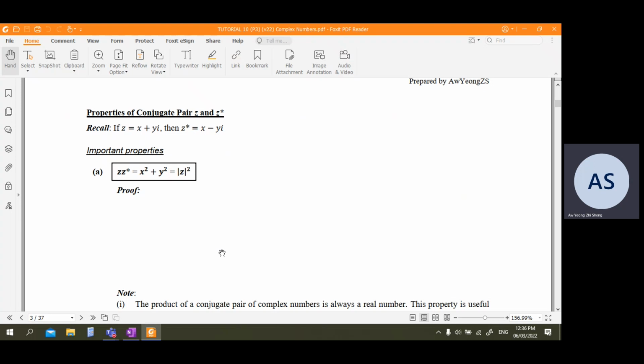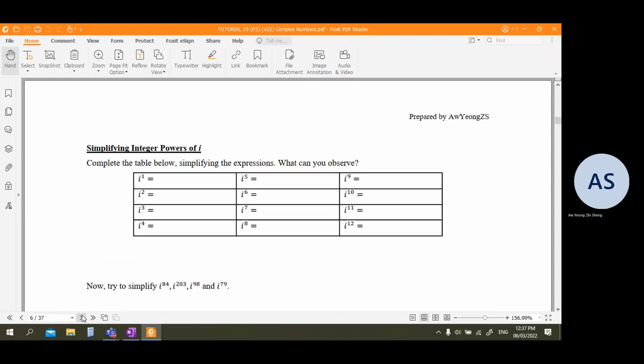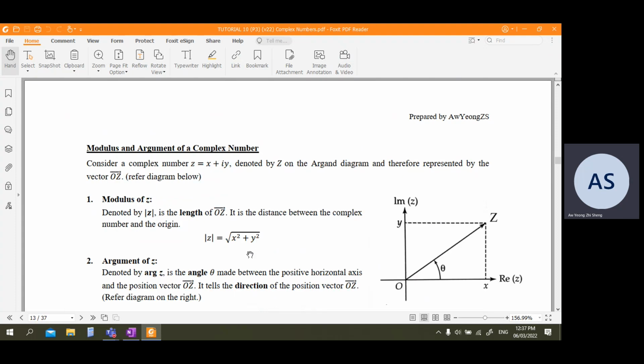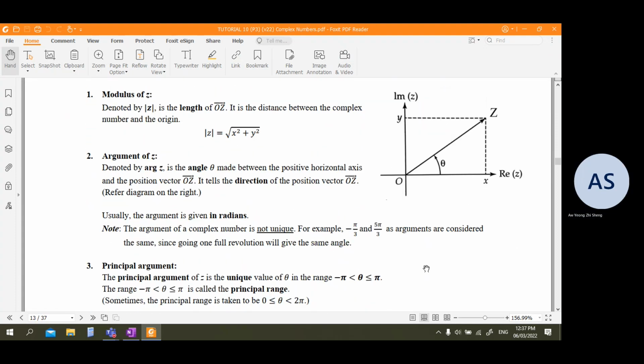But by now, I hope you can understand that the modulus of a complex number is the length of the vector representation, and the formula to calculate it is just the square root of x squared plus y squared. Next, let's move to argument.